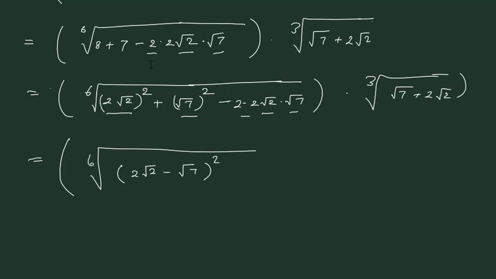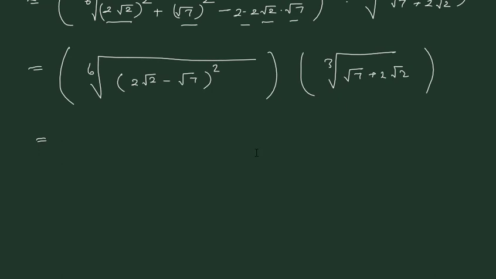This is 6th root, and here in the second bracket we have 3rd root of root 7 plus 2 root 2. Now this can be written as 2 root 2 minus root 7.